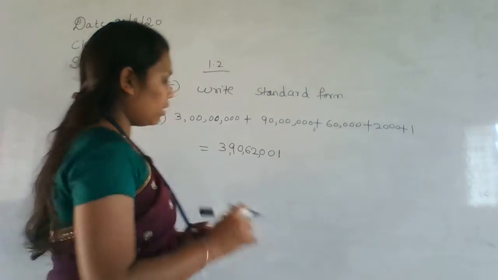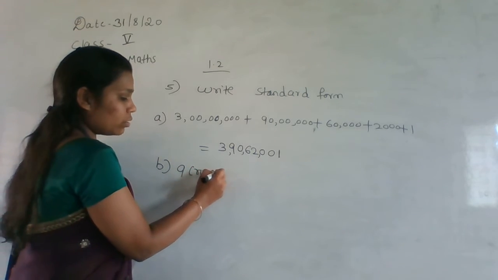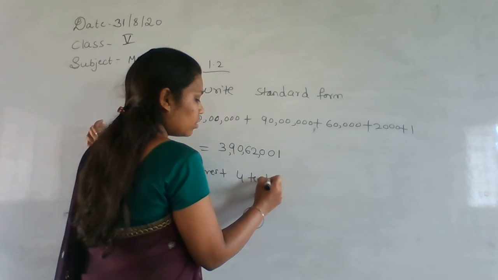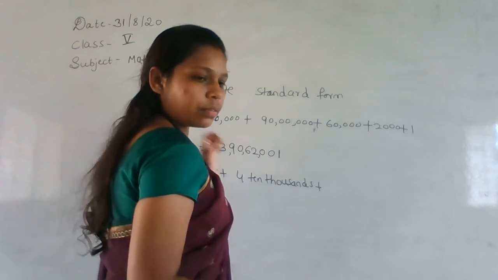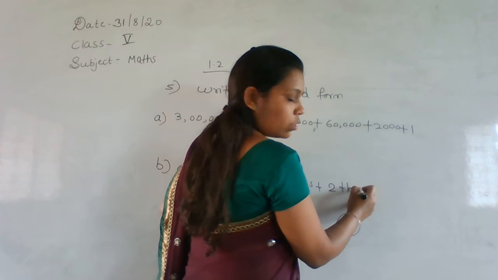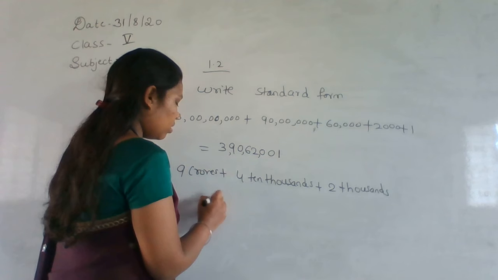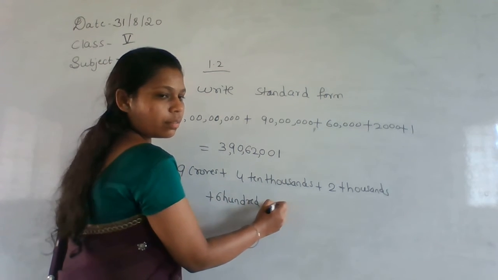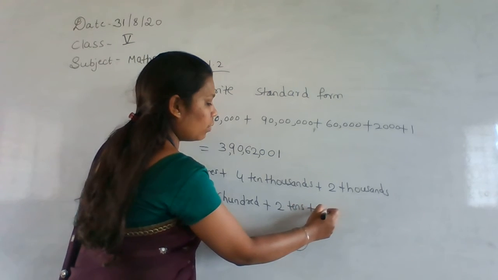I'll solve this one here, that is 9 crores plus 4 10,000s plus 2,000s plus 600s plus 2 tens plus 8 ones.